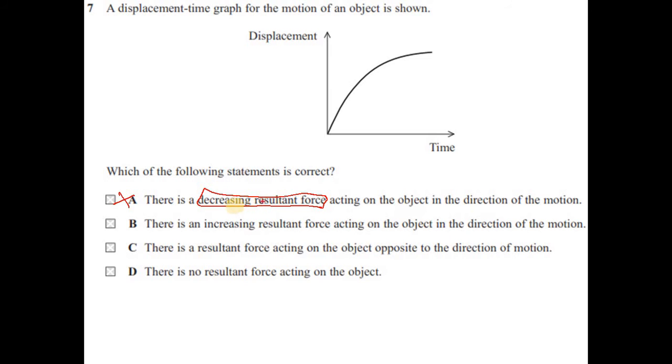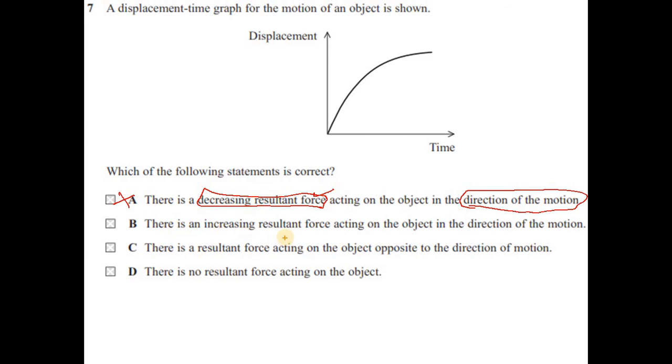Because force is decreasing and acting in the same direction, it shows that we have a resultant force in the same direction of the motion, so this force will cause accelerated motion.